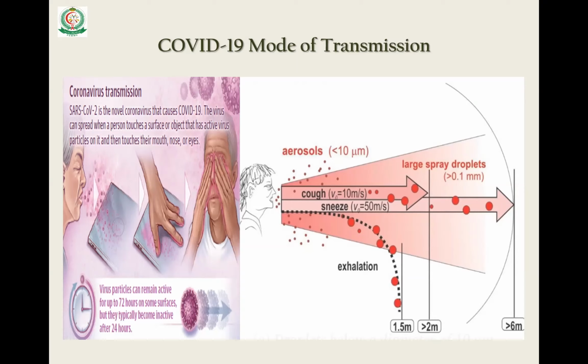Why is it important to know this mechanism of transmission? Because basically it's droplet if you're in close contact with the infected person within 1 meter to 1.5 meters.